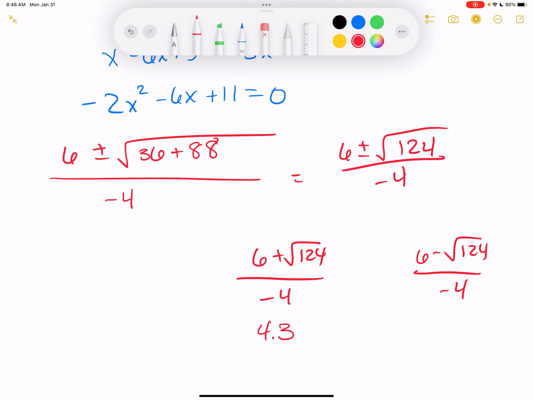I did type in the negative. It doesn't matter. I got negative 4.3 for the first one. Okay, that's what I was thinking. I thought y'all just said positive, and I was like, no, it is different.